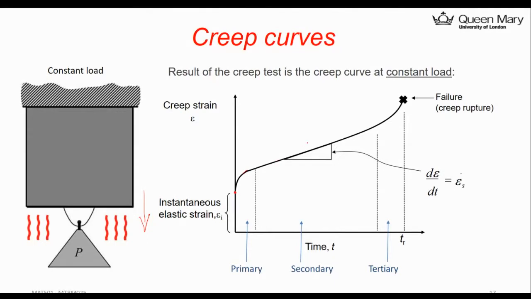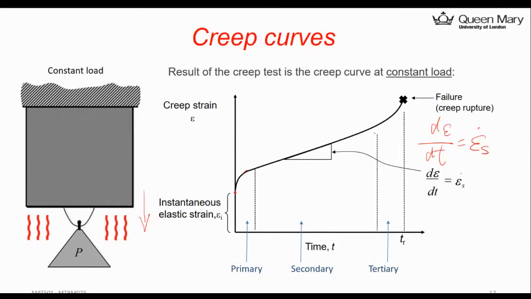Basically, it looks like a linear line. Okay, so this is called the secondary regime after this primary regime, and then you can look at this gradient, which is the derivative of strain with respect to time, d epsilon dt. Okay, that gives you strain rate.